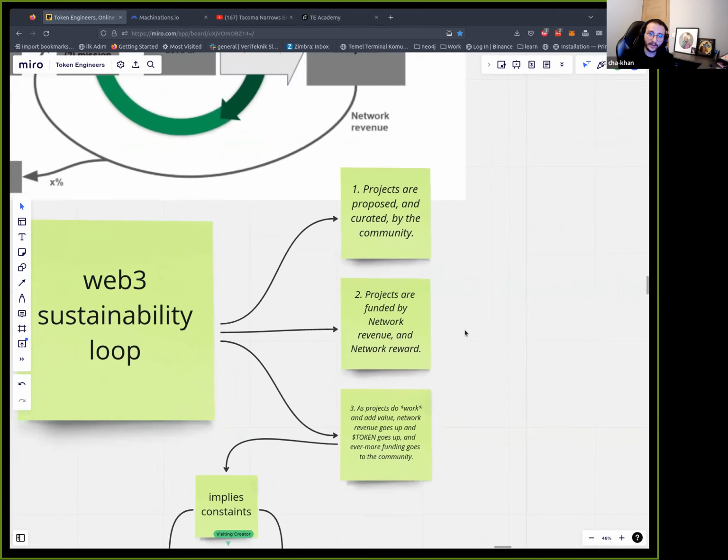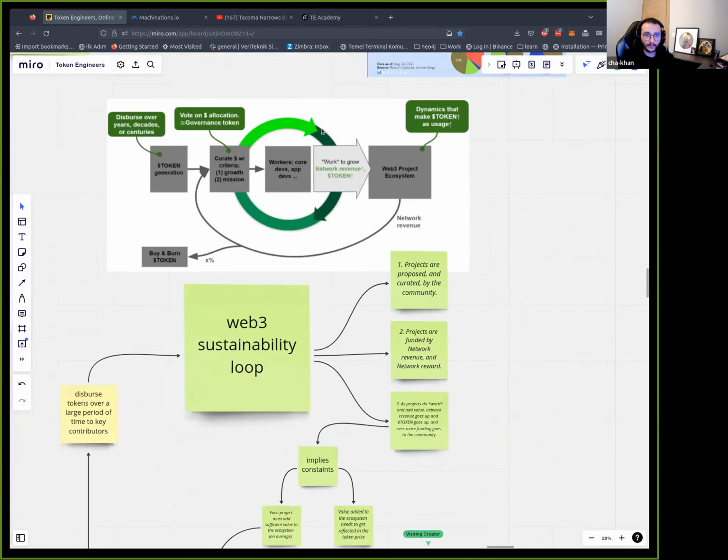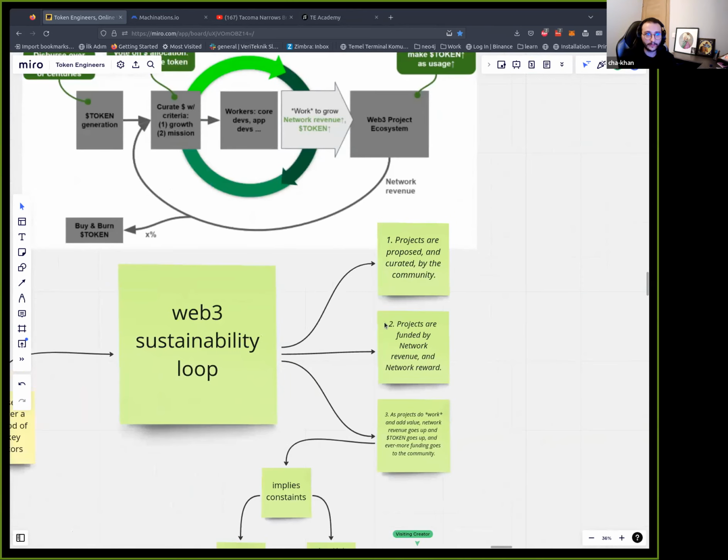So that means every payment that we do on Cardano is a transaction fee, and that fee goes to the treasury that funds these projects. So directly by using the system that is Cardano, you are funding new projects on Cardano, and that drives a great sustainability loop.